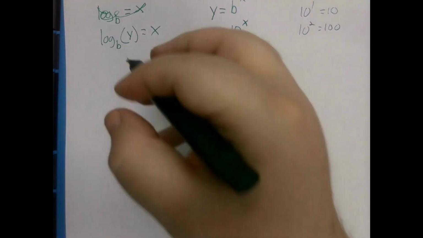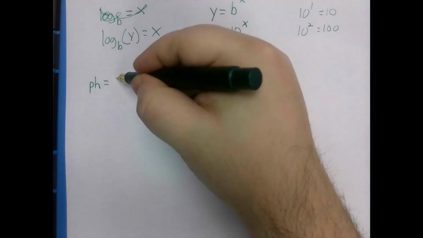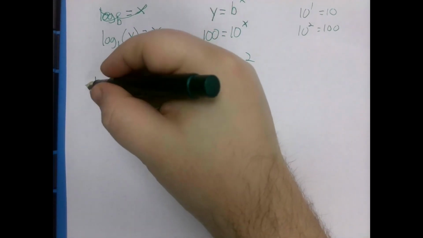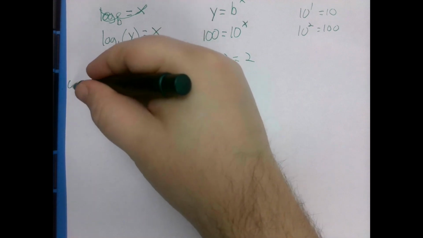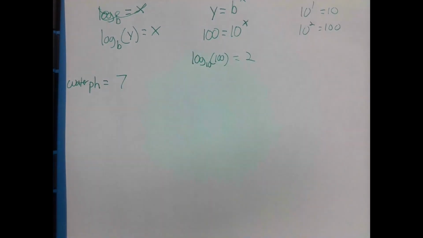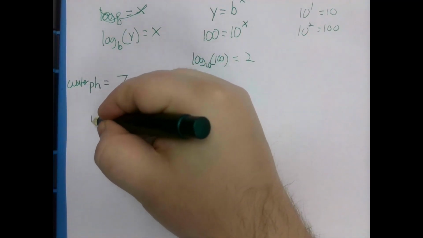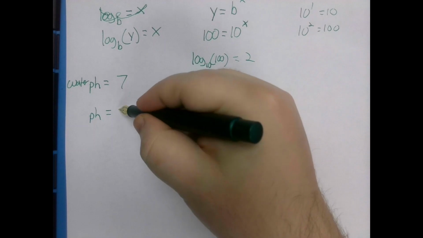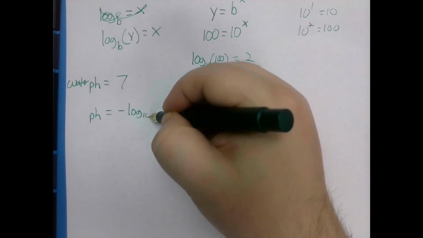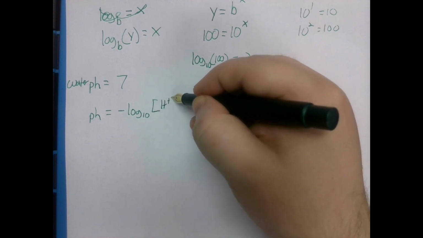So if the pH of water is equal to 7, how many H plus ions are in water? Well, I know pH is equal to the negative log base 10 of the concentration of H plus ions.